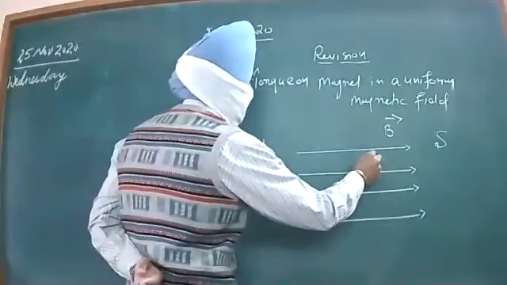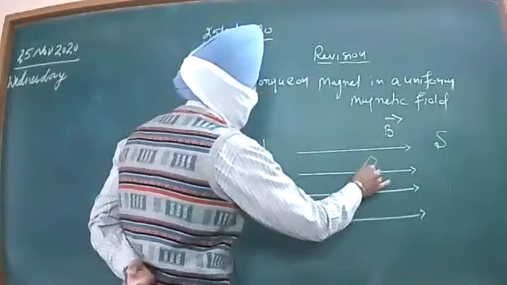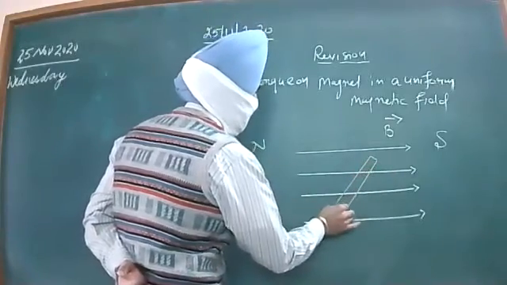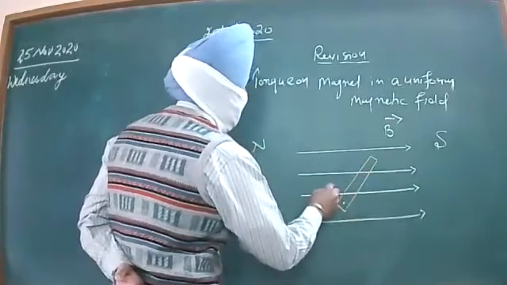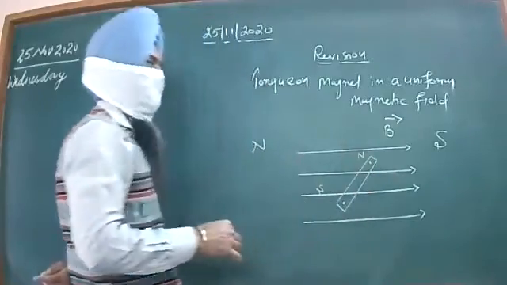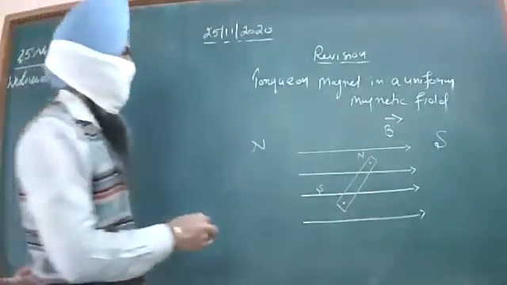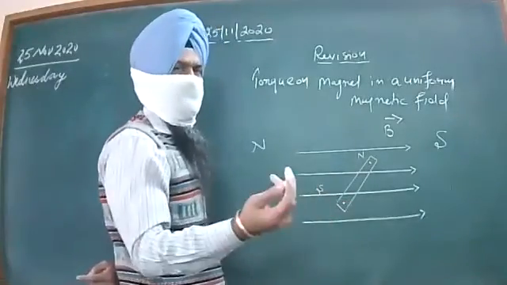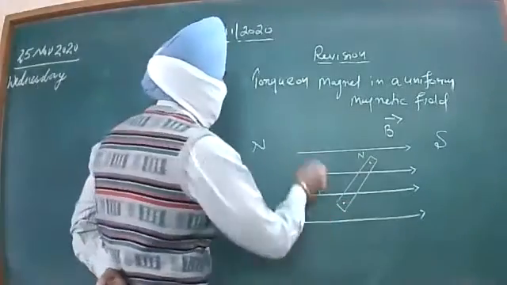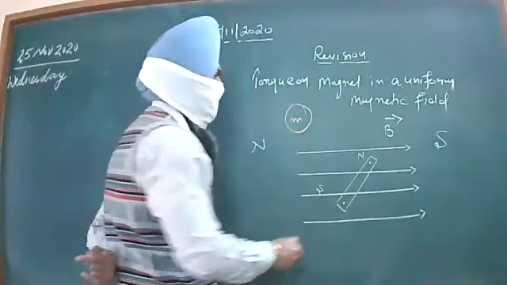Now I will place a magnet, rather a bar magnet, in this uniform magnetic field, and imagine the south pole is along this direction, the north pole is along this direction. Because these are the poles of the same magnet, let their pole strength be indicated by small m.